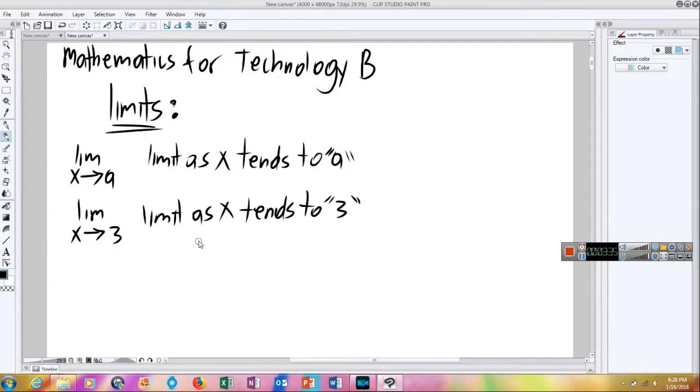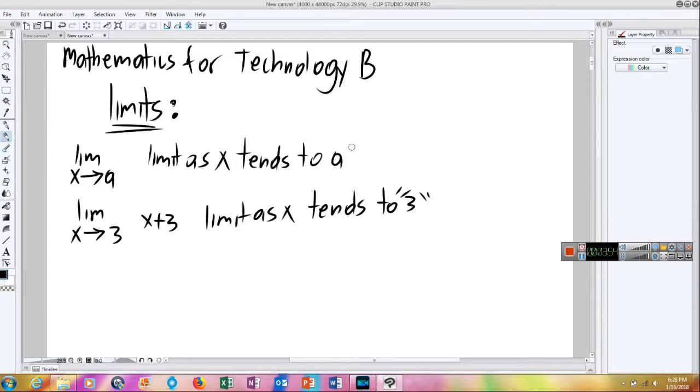You know, I forgot to include that, but it's not too late. x plus 3. Limit as x tends to 3. That's better.